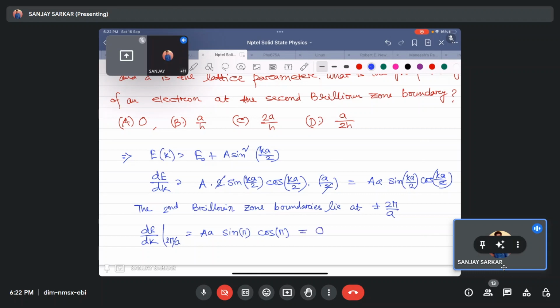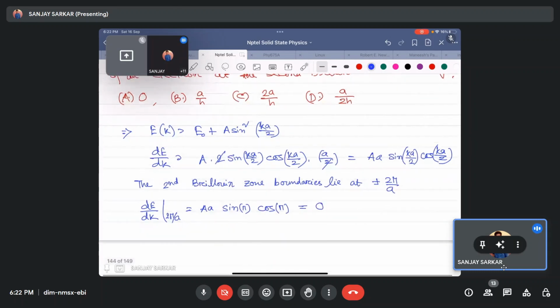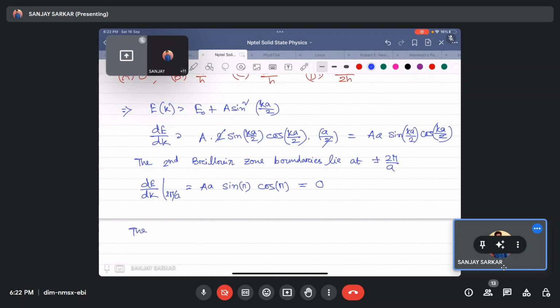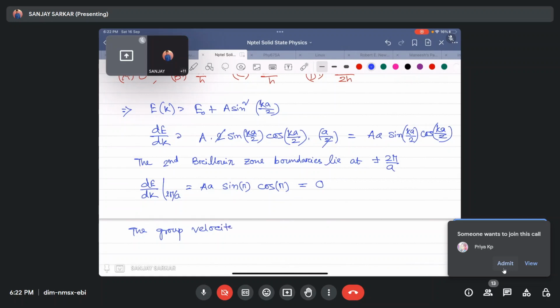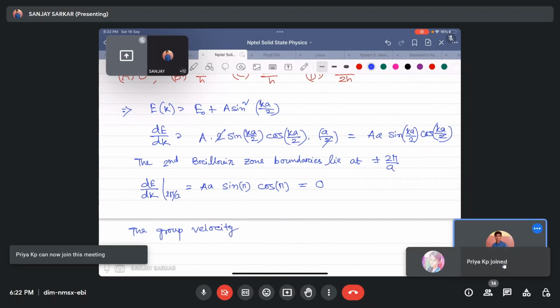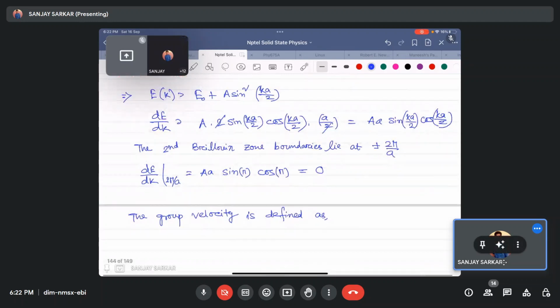Now sine pi is 0, so the overall thing will be 0, and the group velocity is defined as Vg is 1 by h bar dE dk. So since dE dk is 0, Vg is also 0. So the group velocity at the second Brillouin zone boundary is 0.